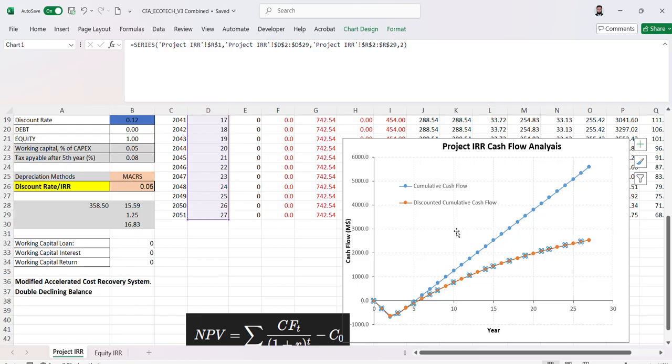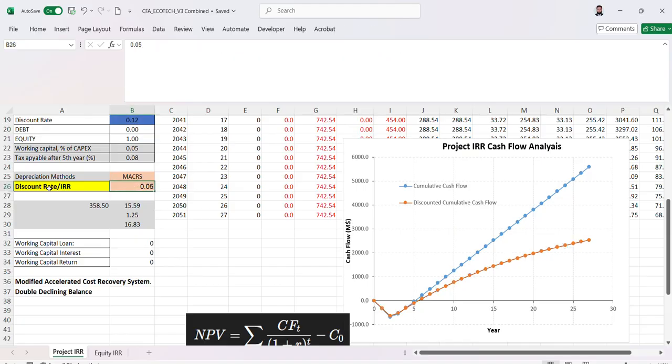That means this can go positive after 5 years of your project life. So what does that mean? If your discount rate is increased, for example to 10%, that means your cash flow is decreasing.